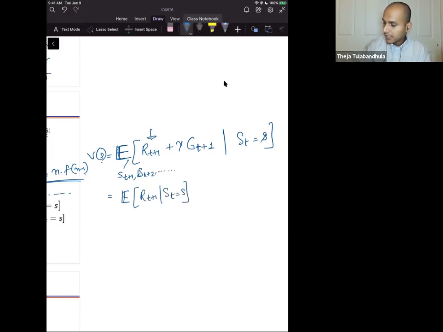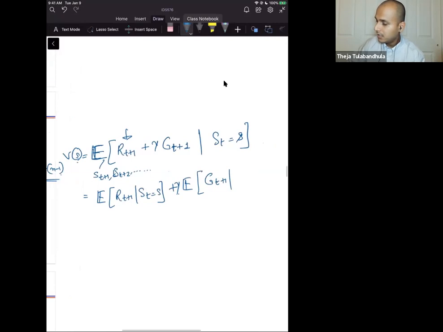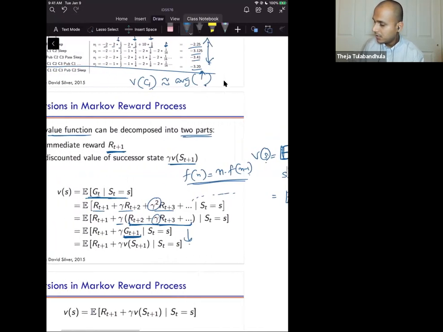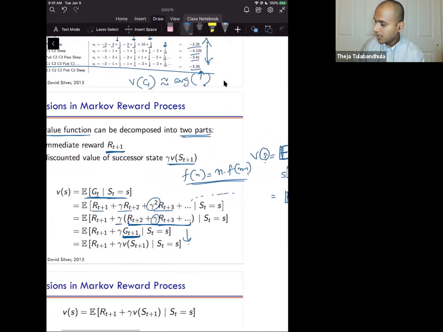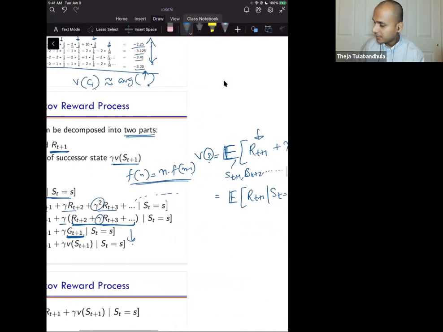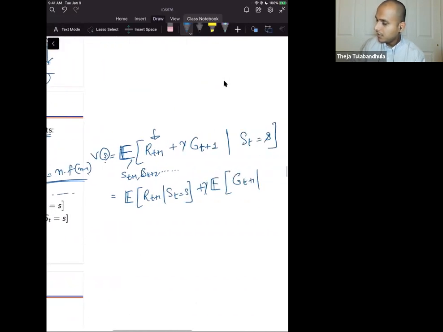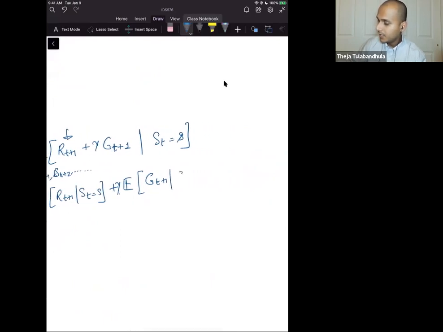By definition, this expectation is only with respect to S_t. Plus gamma times the expectation of G_{t+1} given S_t equal to s.